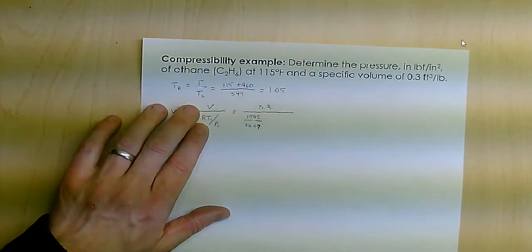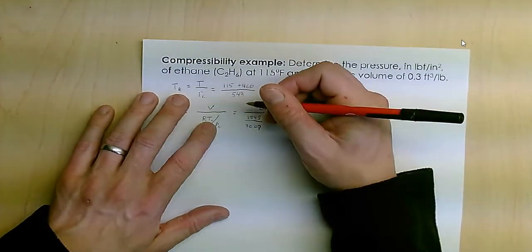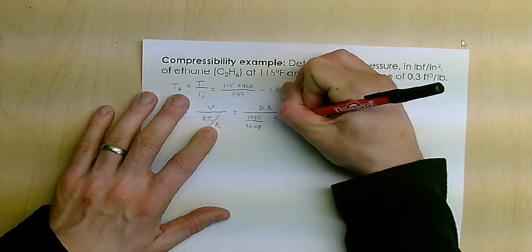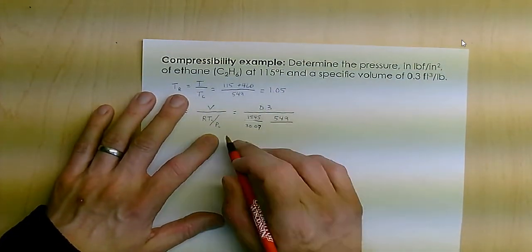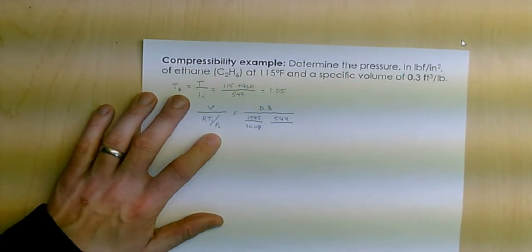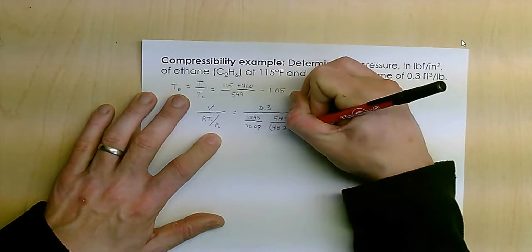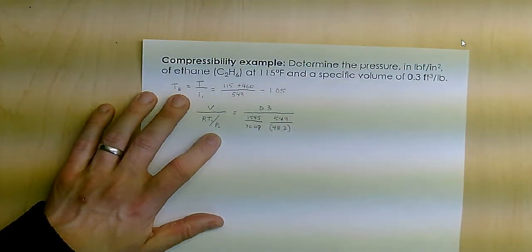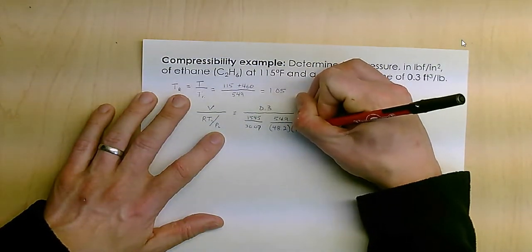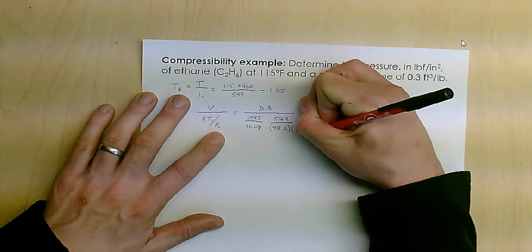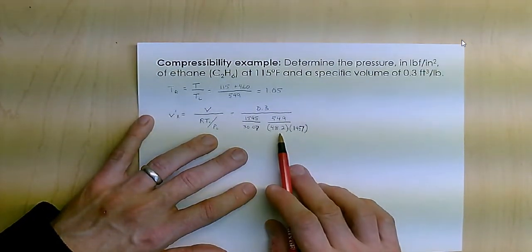Okay, so that's R. I'm going to take that times my critical temperature, which again is 549, and divide that by the critical pressure, which again is 48.2, but that's in atmospheres. So I need to multiply that times 14.7 to get it into PSI, because there's 14.7 PSI in every atmosphere.